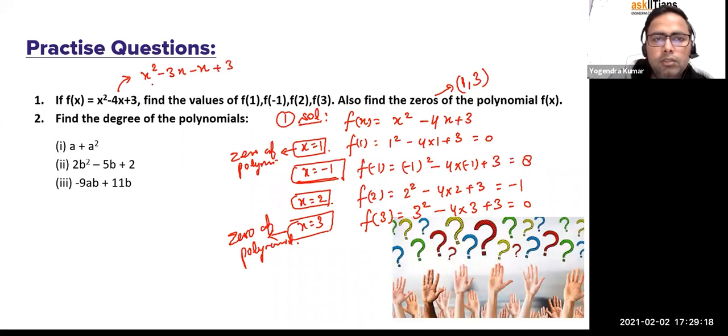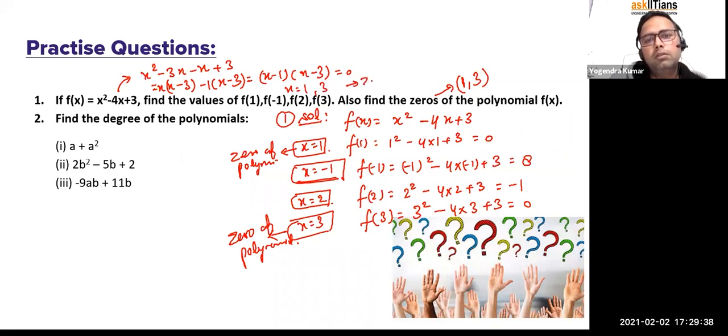So what can I write now? x common, x minus 3, minus 1 common, x minus 3. So we are getting x minus 1 and x minus 3. Now equate to 0. So we are getting x equals 1 and 3. That's how we got the zeros.